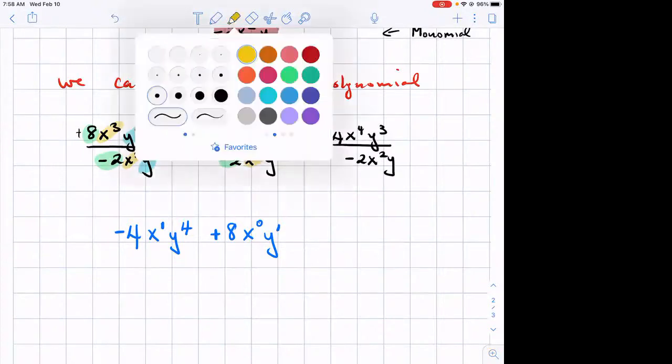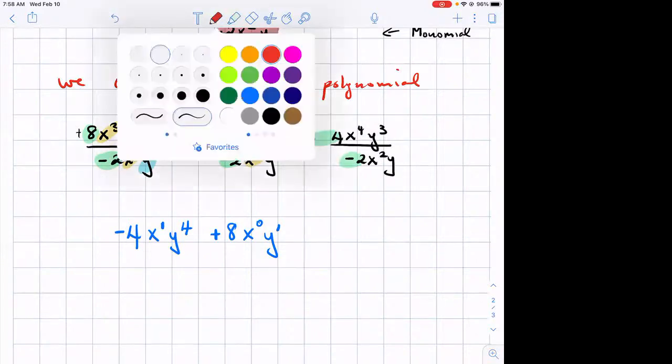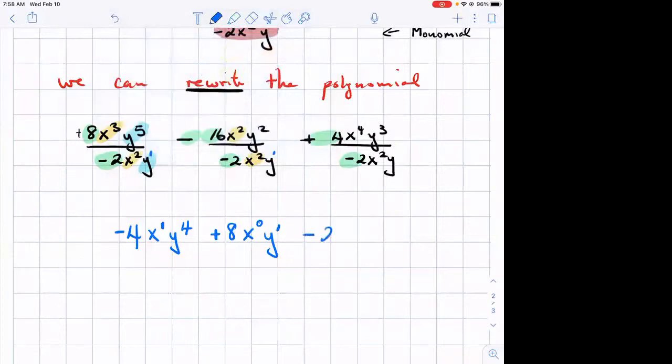If we move to our next term, we have plus 4 divided by negative 2, and that becomes negative 2. And then if we look at the letters, x to the 4th divided by x squared becomes x to the second.